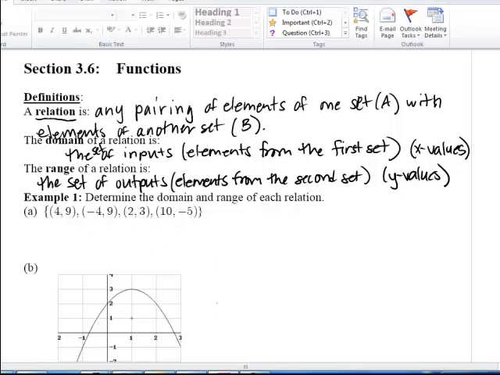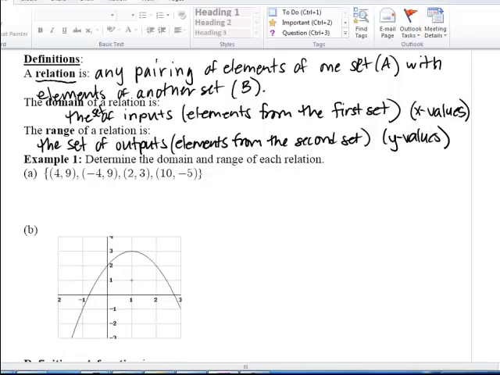So we'll look at some examples of different ways functions can be described. One way a function can be described, or a relation can be described, is as a set of ordered pairs. Remember, this would be like an x and a y pair. The x values are the inputs, the y's are the outputs.